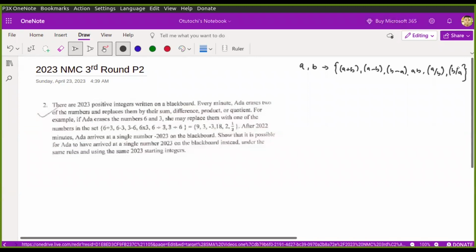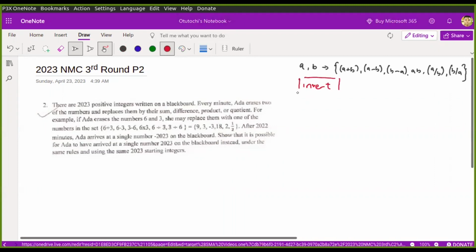Let's call that inverting: retracing your steps and performing the same game with the same starting integers, so that you end up with the negative of whatever number you had. For example, you take the negative of minus 2023, which is 2023, or of 6, which is minus 6. So I'm going to call it invert.